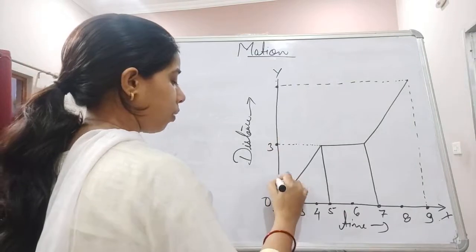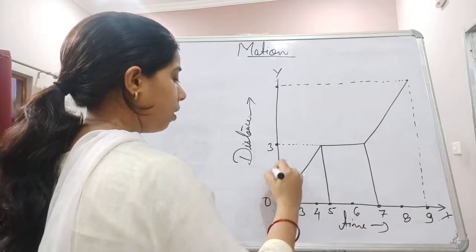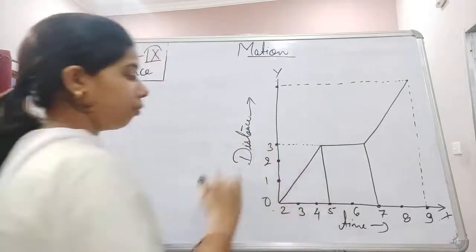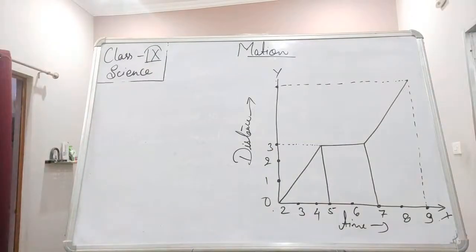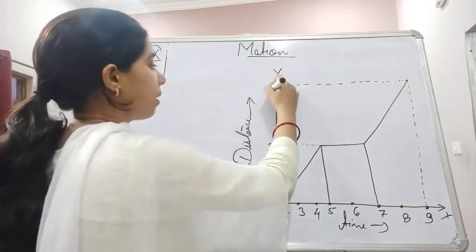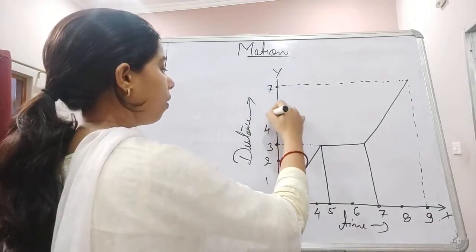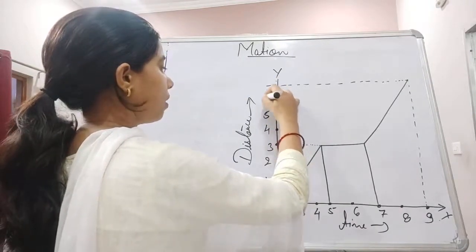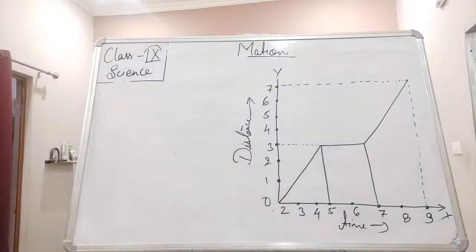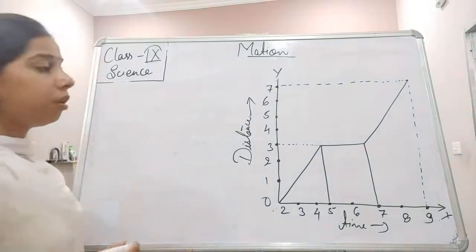So it is quite easy for us to make this 1, and this will be 2. Then this will be at 7. So obviously the other ones are 4, 5, 6, 7. Okay, so this is the whole graph, student.